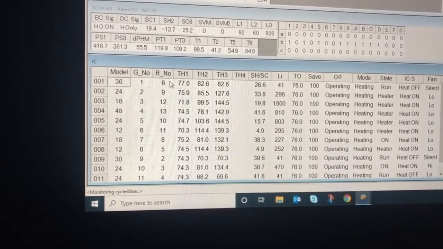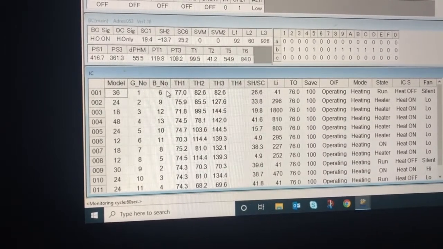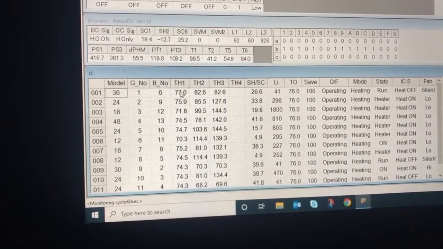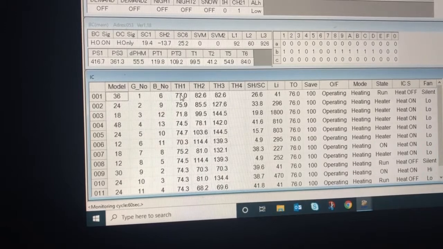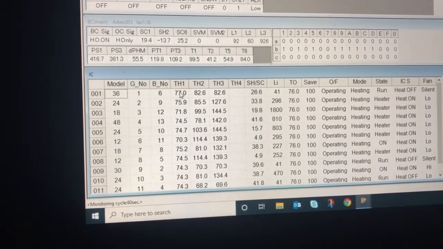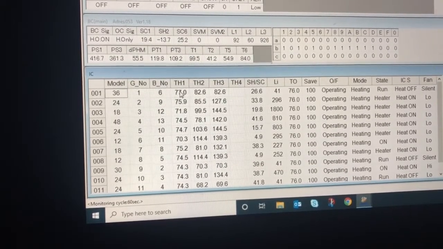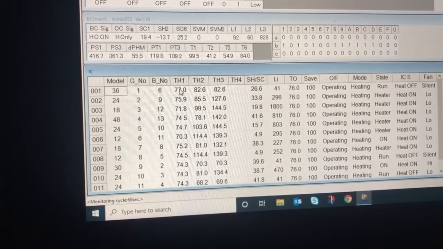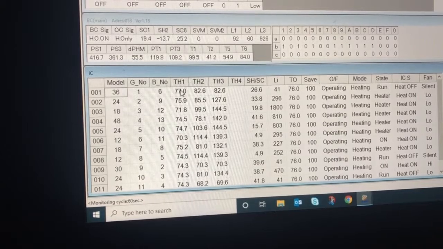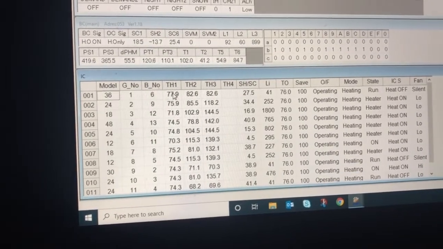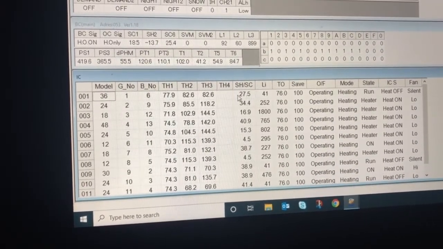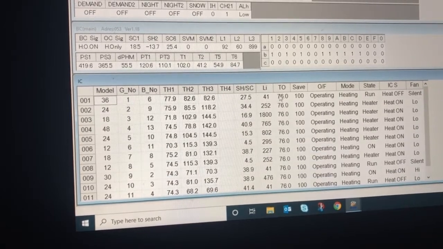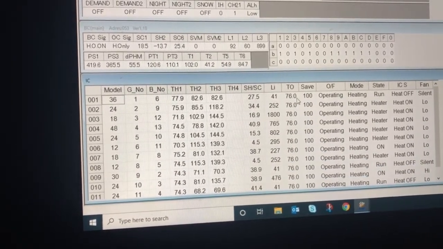The next thing to know here for the indoor cassette: TH1 is the temperature inside the space where the air handler is. Right now it's 77 degrees in the space, and it's set to 76.